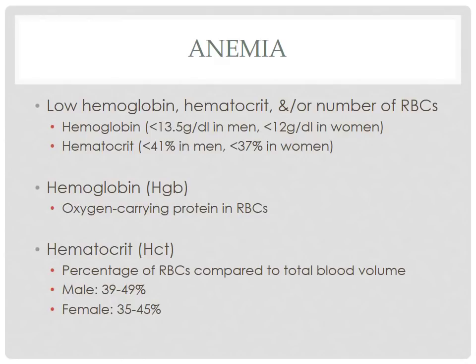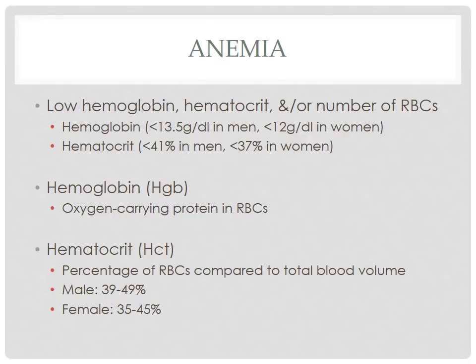The hemoglobin for men less than 13.5 grams per deciliter, or women less than 12 grams per deciliter. And for hematocrit, less than 41% of the blood being red cells would be considered anemia, and less than 37% for women. The values for women are lower due to menstruation. As women are postmenopausal, they should be moved up to the same levels as men.